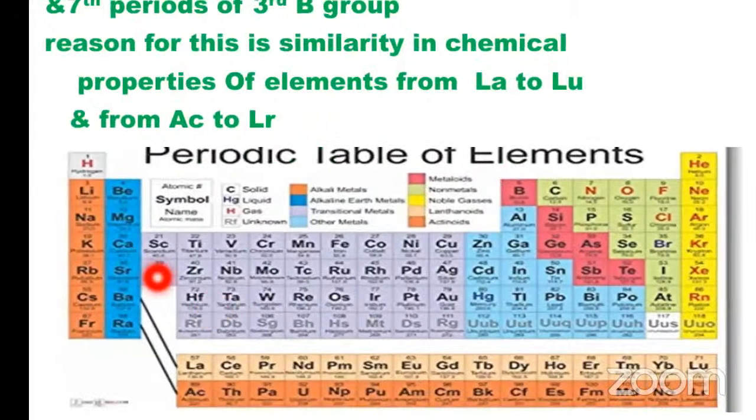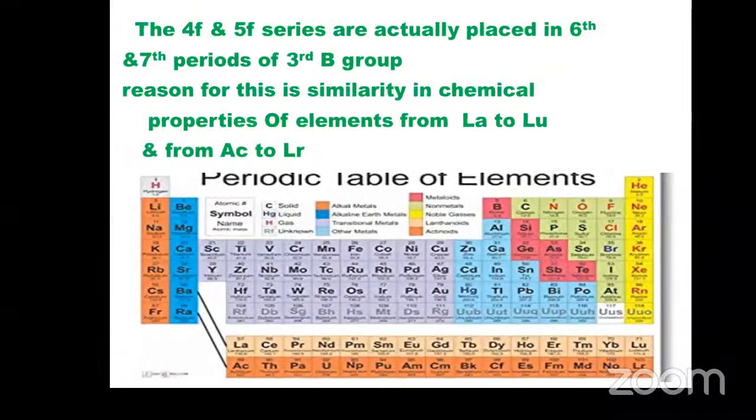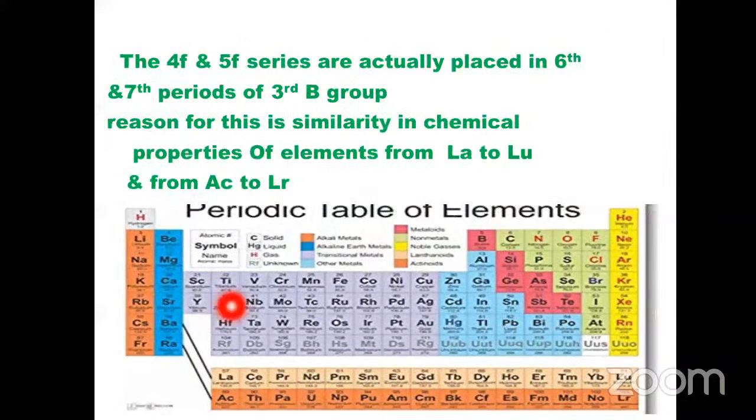The 4f series is placed in the sixth period, and the 5f series is placed in the seventh period, belonging to group 3B. The reason for this is the similarity in chemical properties of the elements from lanthanum to lutetium and from actinium to lawrencium.